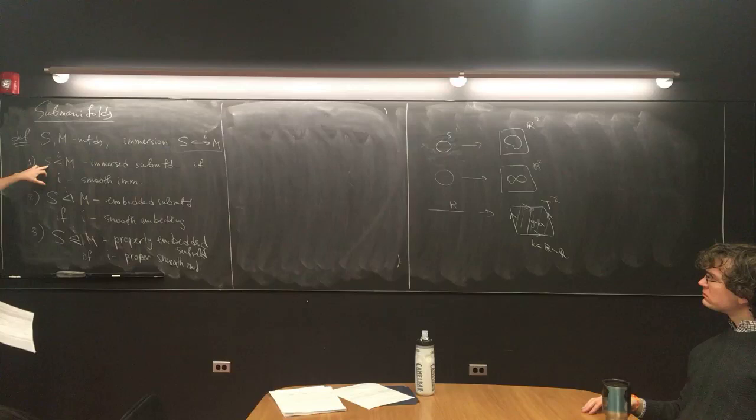Number one, any open subset is a codimension 0 embedded submanifold. That should be clear because the inclusion is basically the identity here.